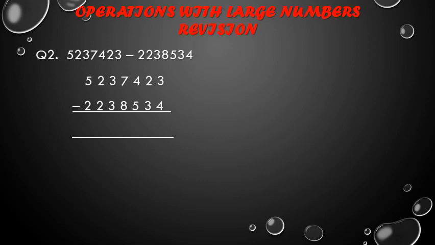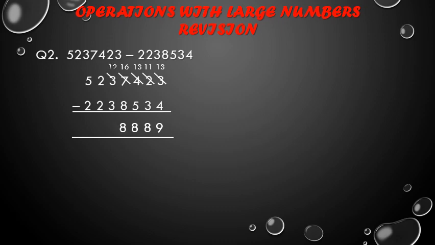And we will start the subtraction from the ones place. So children, at ones place 13 minus 4 is equal to 9. Then at tens place 11 minus 3 is equal to 8. At 100 place 13 minus 5 is equal to 8. At 1000 place 16 minus 8 is equal to 8.